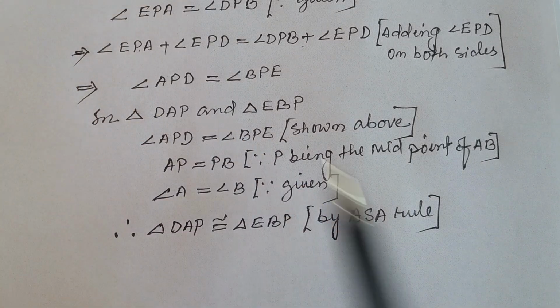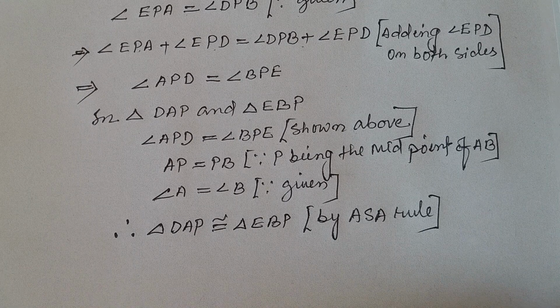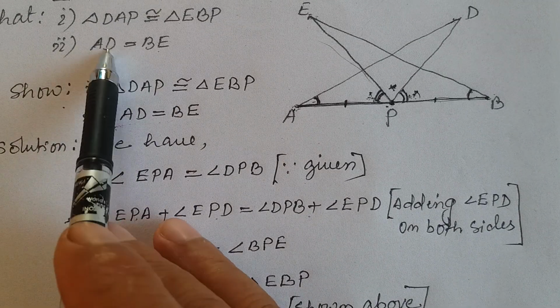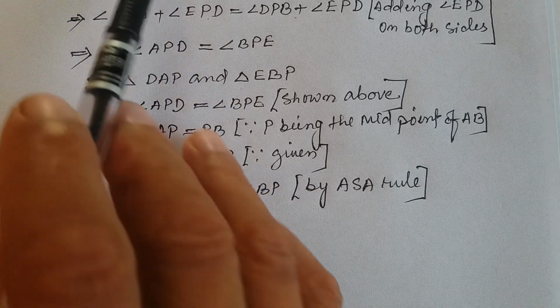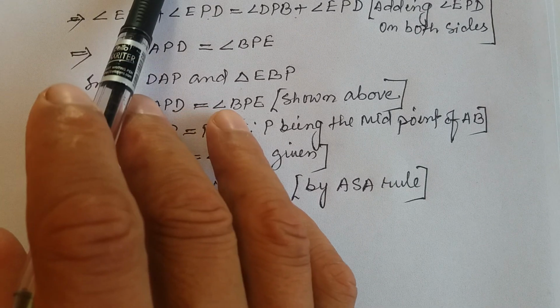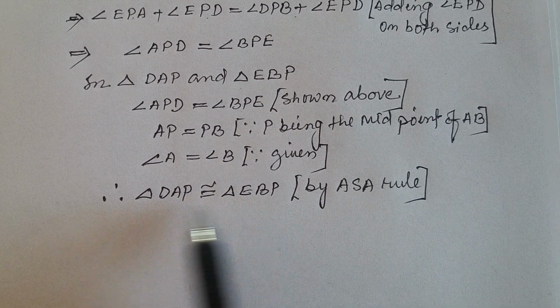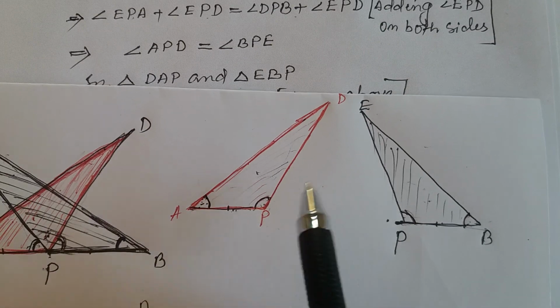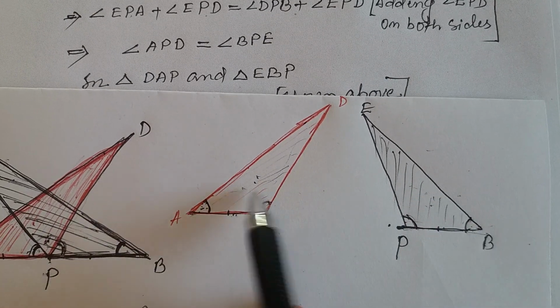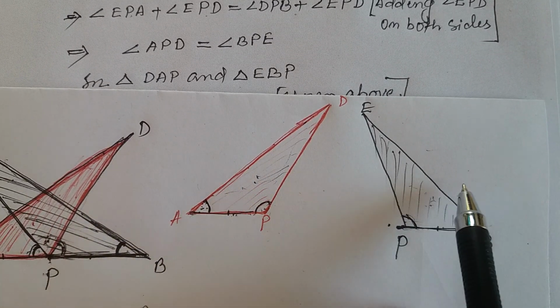Now the second proof, AD is equal to BE, follows from the proof of the first one. Now these two triangles are congruent. Since the two triangles are congruent, the corresponding parts are equal.